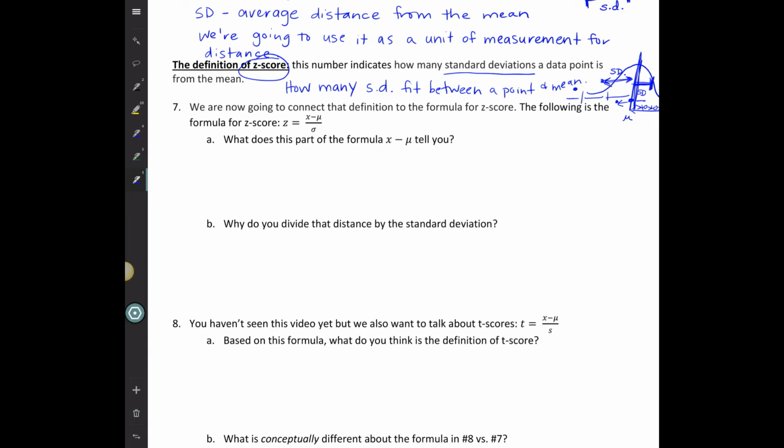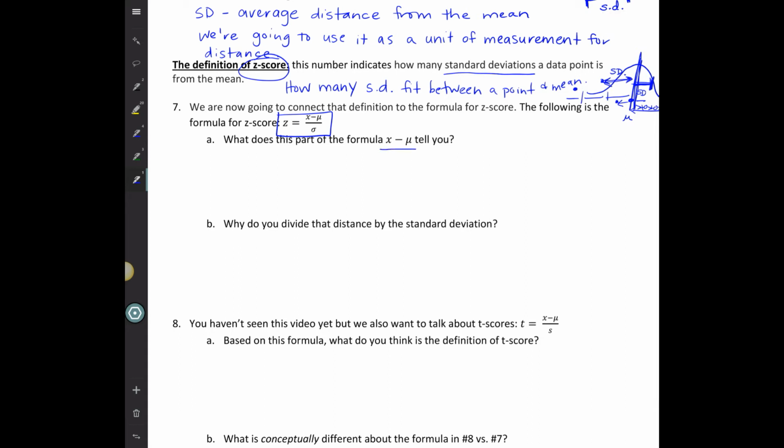So we're going to connect that definition to the formula for z-score. What you see right here is the formula for a z-score. Let's break it down a little bit. The top part says x minus mu.